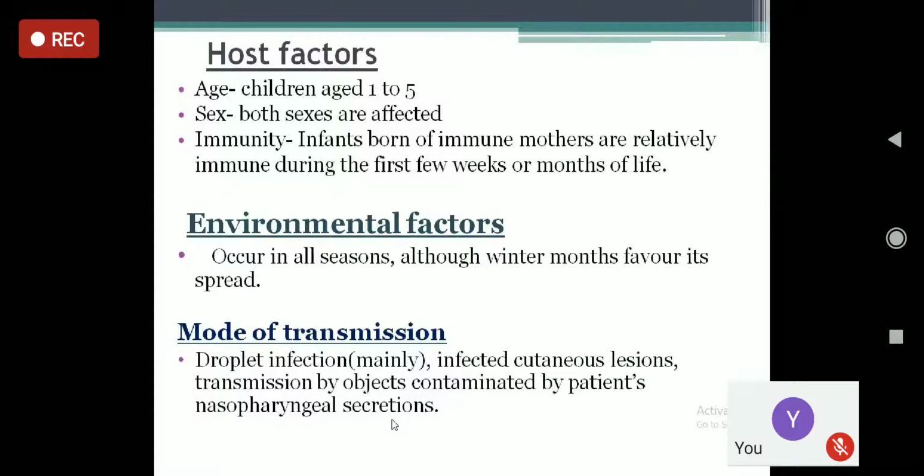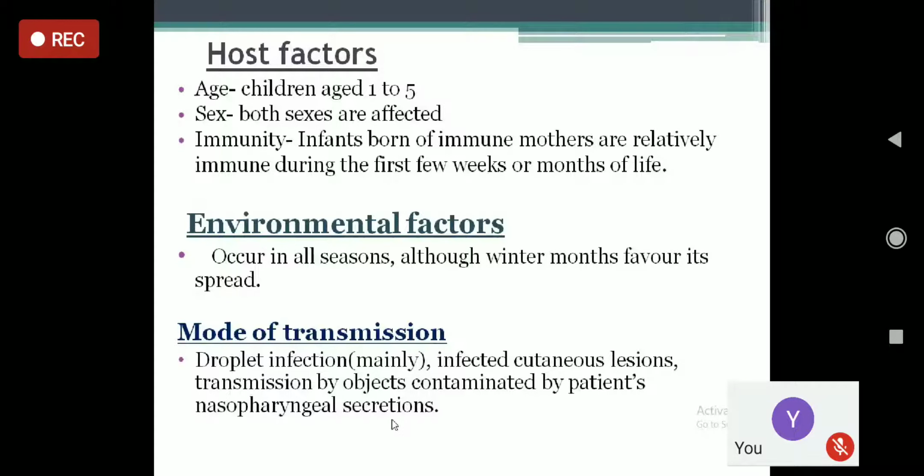If they are exposed to Corynebacterium diphtheriae, they will not develop the acute infection, because their body retains the antibodies received from their mothers.